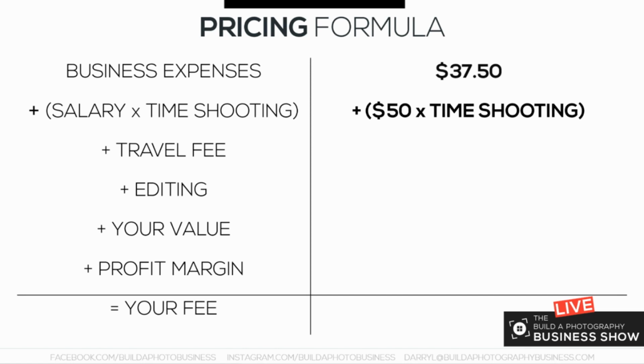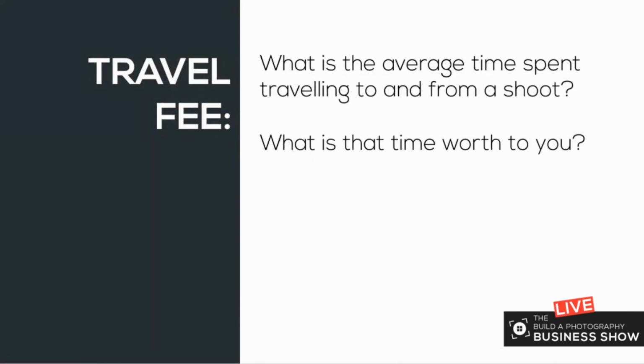All right. Next up, we have our travel fee. So for this, we're concerned with your average time spent going to a shoot and what that time is worth to you. So for example, if you typically spend 20 minutes driving to a photo shoot, then what's 40 minutes in the car worth to you? And remember, we're not adding in other costs here because we've already factored in your vehicle expenses into your cost per shoot.